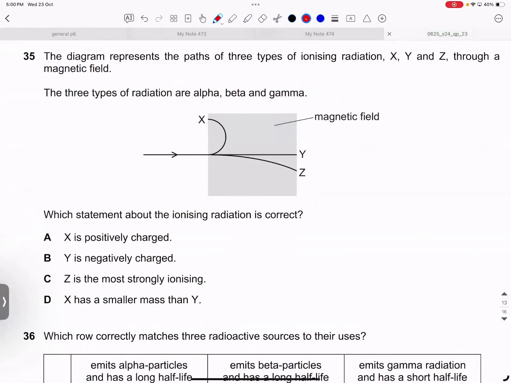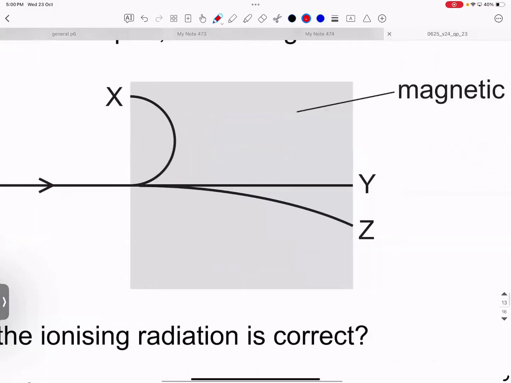Question number 35. Diagram represents the paths of the 3 types of ionizing radiation, X, Y, Z. And which statement about ionizing radiation is correct? I don't want to read any option. I will train you in a good way. The one which is not bending should be gamma rays. Then tell me others.